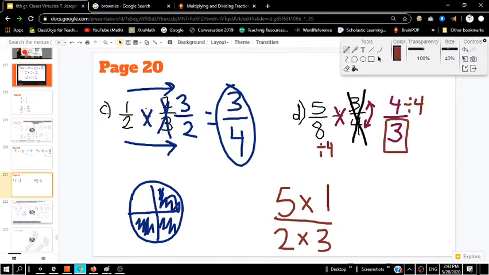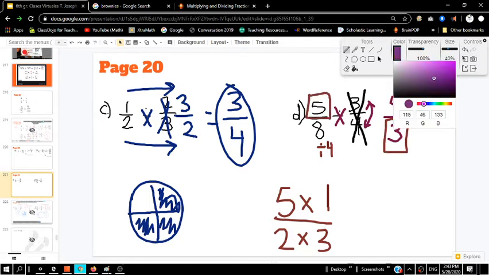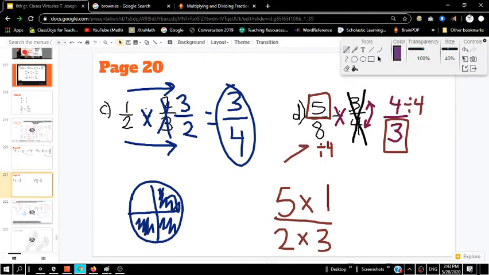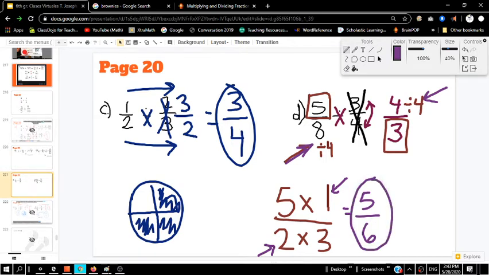You'll notice this number and this number did not change, but since we divided by the same number in this one, this number and this number did change. All right, 5 times 1 is 5, and 2 times 3 is 6. We're left with 5/6. That is our final answer.